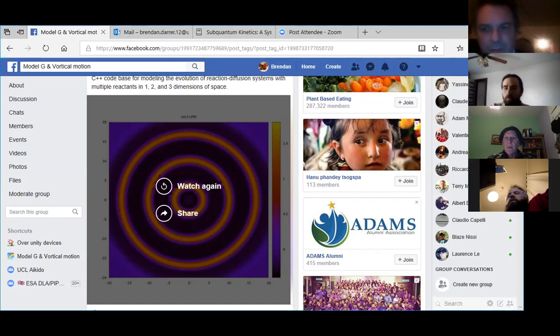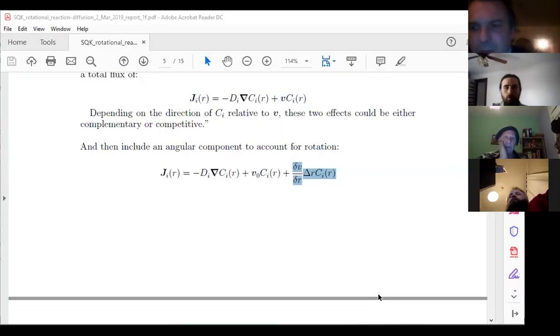I'll stop sharing, and I'll go to share that. Here it is. Can you see it now? Yes. So I've added it in the blue highlight. I've added a term for rotational motion.